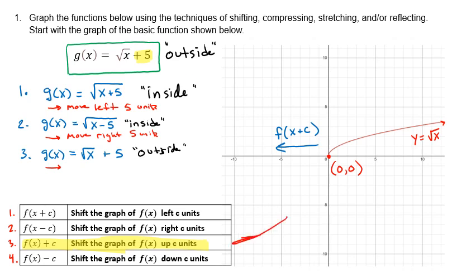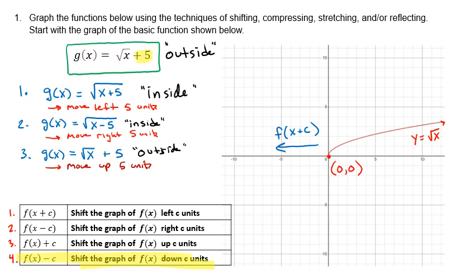If we're looking down here, f of x is shifted up c units when you have a plus on the outside. In this case, the c is the 5. So you would move up 5 units.